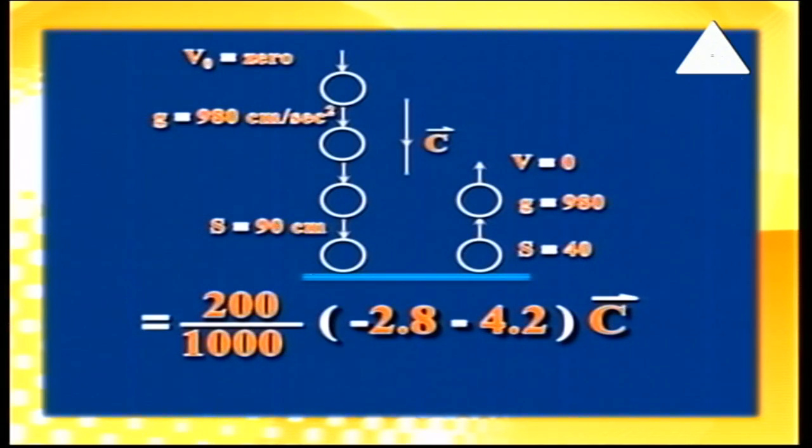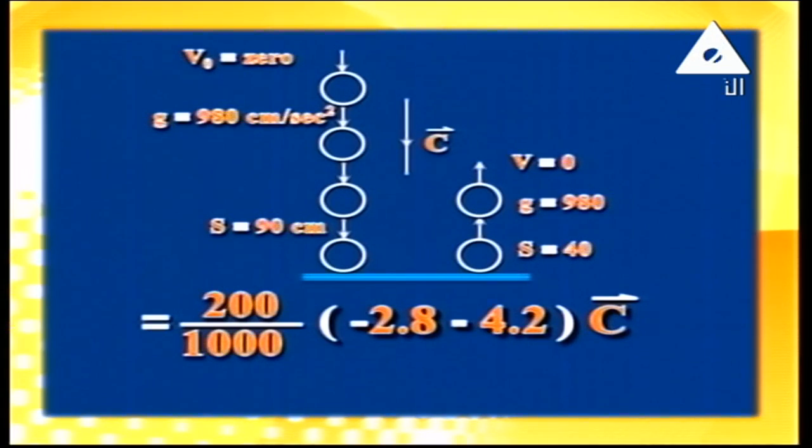We convert gram to kilogram by dividing by 1000 and change the velocity from centimeter per second to meter per second.